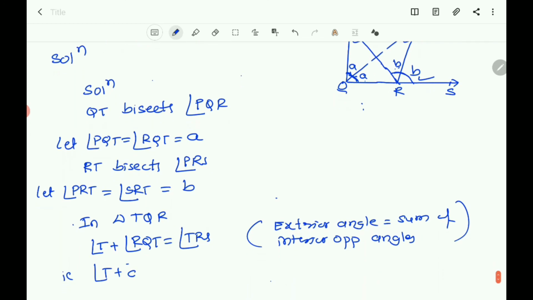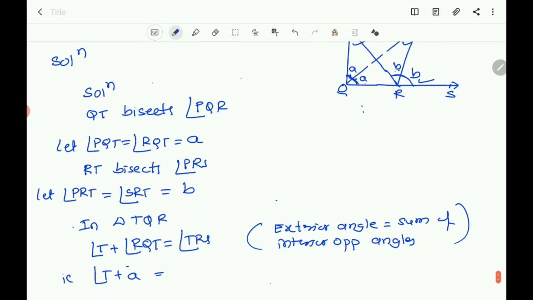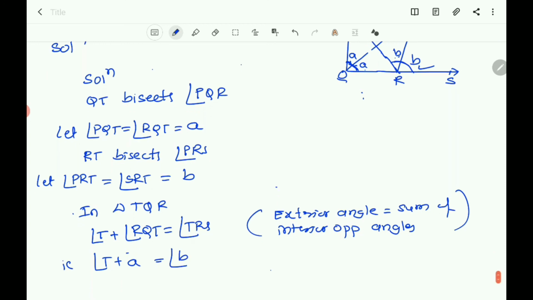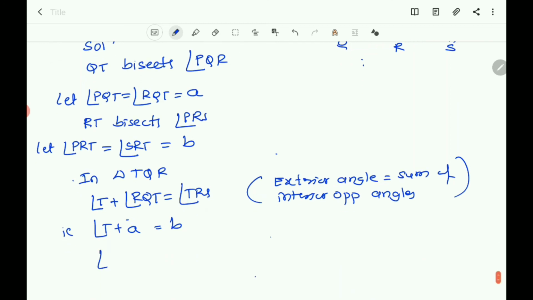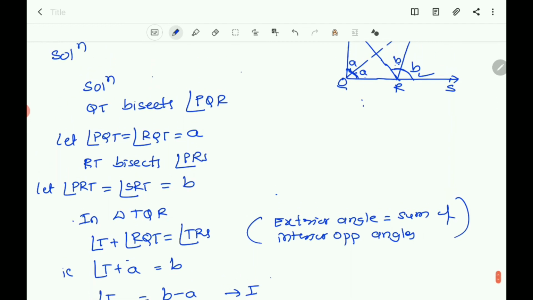RQT means that is A, and TRS or SRT means that is B. So you can have angle T is equal to B minus A. So you have it as first: angle T is equal to B minus A.